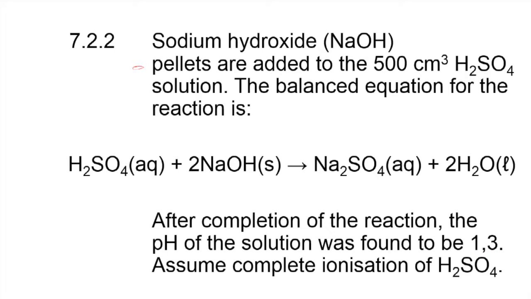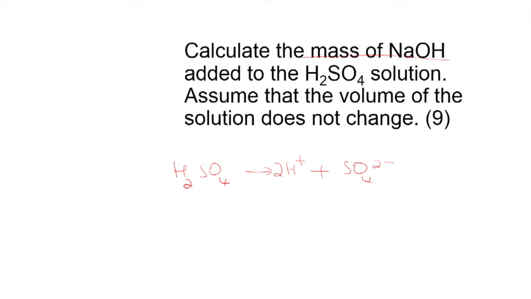Going to the information sheet, you have the formula for pH. pH is minus log of the concentration of H+ ions. Remember, square brackets indicate concentration.